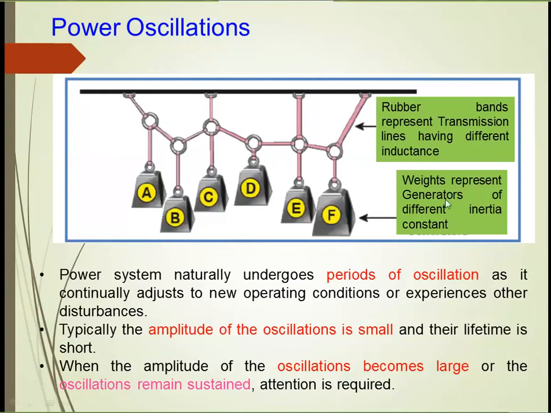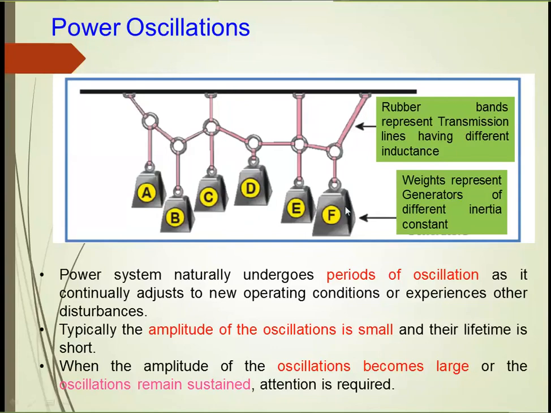These generators are of different capacity and have different inertia constants. Some generators are lighter in weight, and other generators, being of larger capacity, are heavier in mass. The property of the rubber band, the elasticity, represents the transmission line, which has inductance. So we can relate the property of the rubber bands to the inductance of the transmission line.